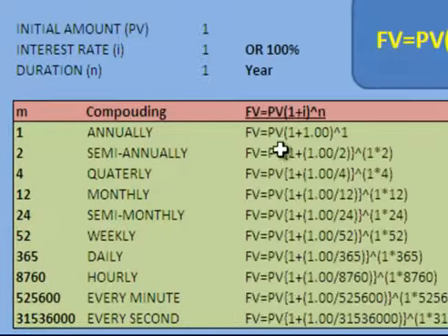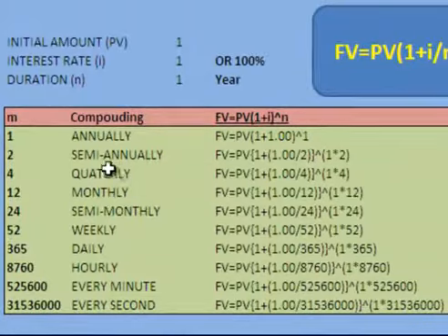The formulas are future value equals present value multiplied by 1 plus interest rate divided by m and raised to the power duration multiplied by m. So in case of semi-annual compounding the interest rate is divided by 2 and the duration is multiplied by 2. In case of quarterly the interest rate is divided by 4 and duration is multiplied by 4. Similarly in case of monthly the interest rate is divided by 12 and duration is multiplied by 12, and so on in all these cases.